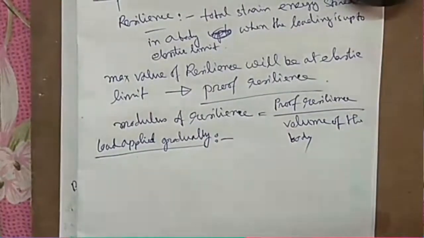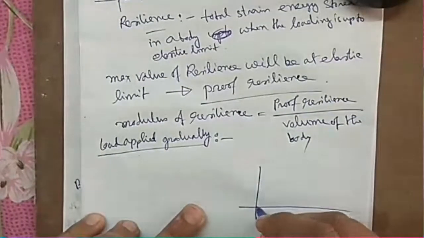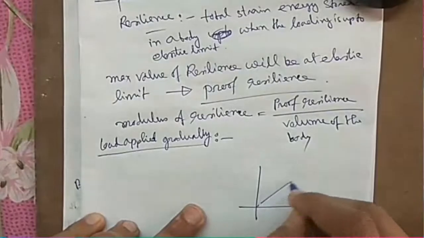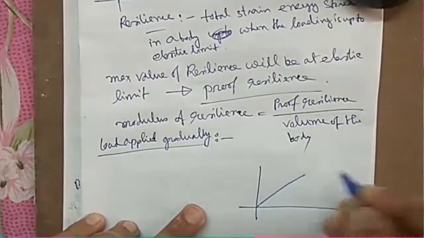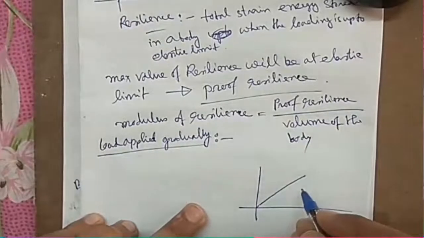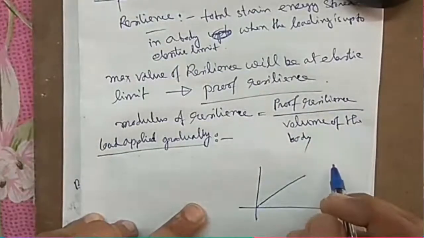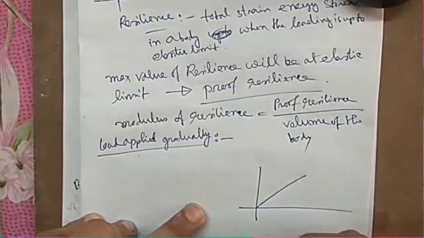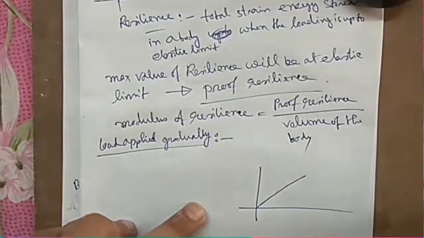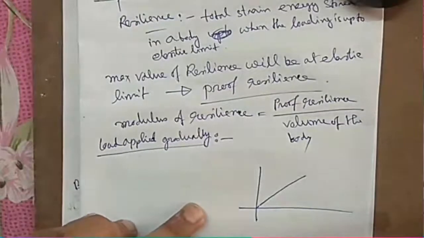If we draw the load versus extension graph, initially by Hooke's law we can get that this curve up to elastic limit will be linear. We are not talking about slope. The curve will be linear. The more ductile the material is, the lesser the slope will be.